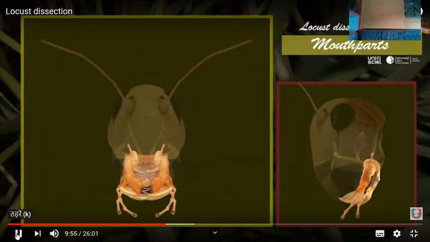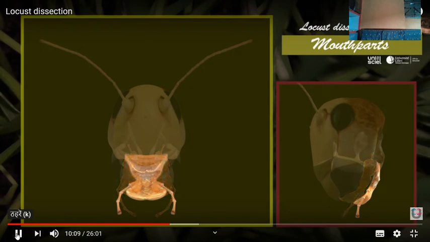Behind the mandibles is a pair of maxillae, each of which bears a 5-segmented sensory palpus. The masticatory system ends with a single piece called the labium, or lower lip, that bears a pair of palpi, each with 3 segments.